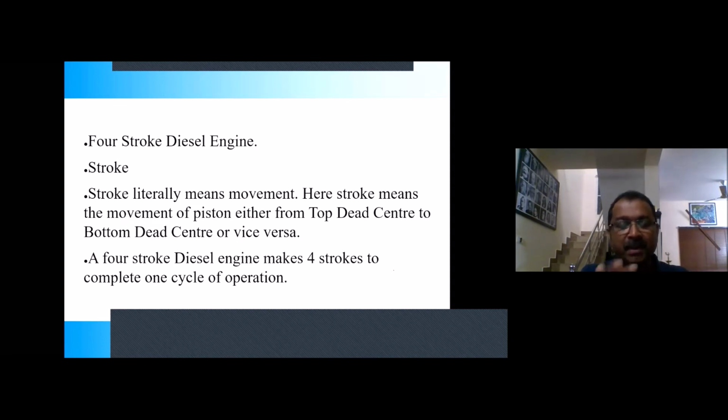That is why we call such a diesel engine a 4-stroke diesel engine. In that name there are some words which are familiar to you, but in the context of a diesel engine, I will be defining them.